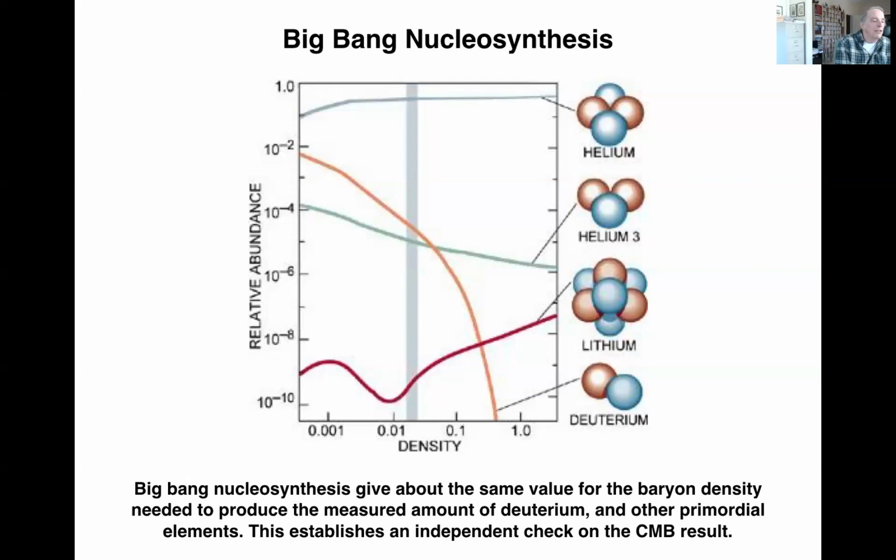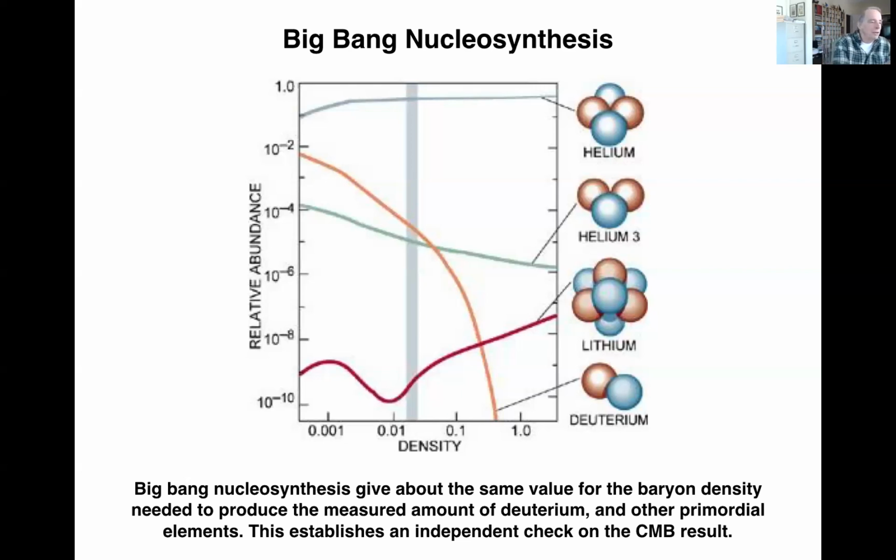The trick there is to measure the deuterium. And that's tricky because stars tend to consume it when they form. So deuterium tends to be depleted. So you have to look at very, very old, high redshifted gas clouds and take the spectra of these and determine the deuterium abundance from the slightly different spectra they produce than hydrogen.